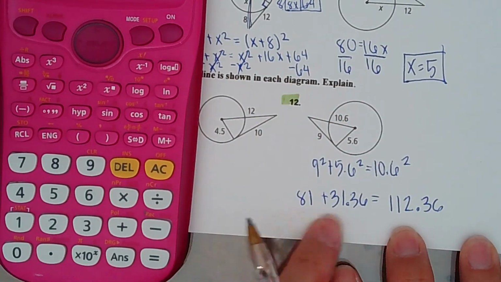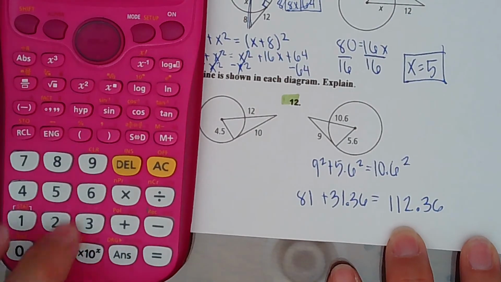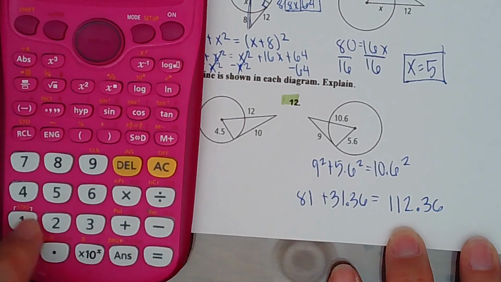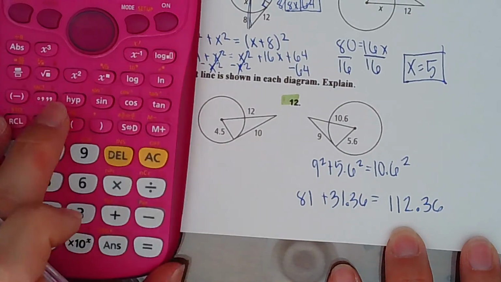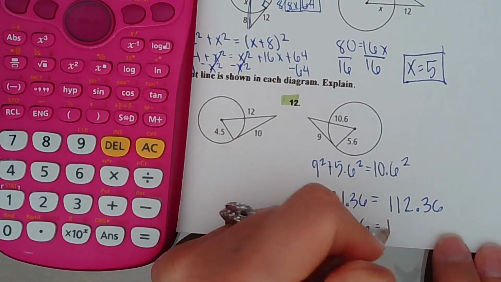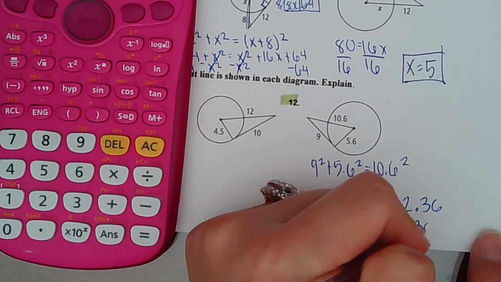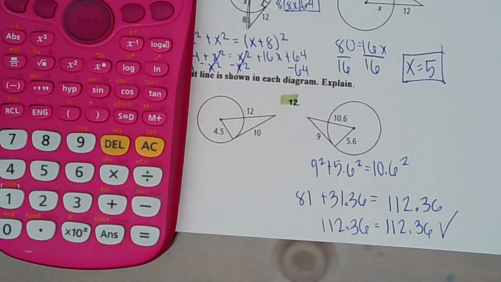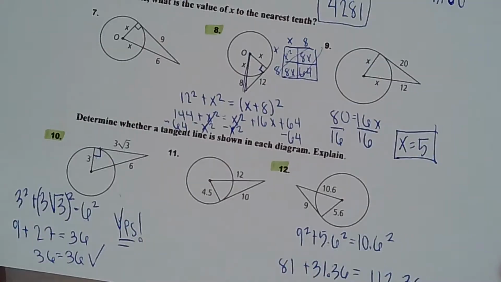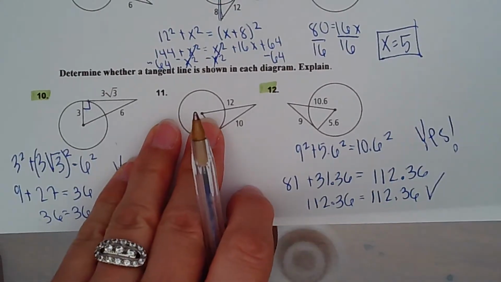So we'll add 81 and 31.36 together, and we'll end up with 112.36, which is equal to our hypotenuse squared. And that works. That's a right triangle. So congratulations, 2 right triangles.